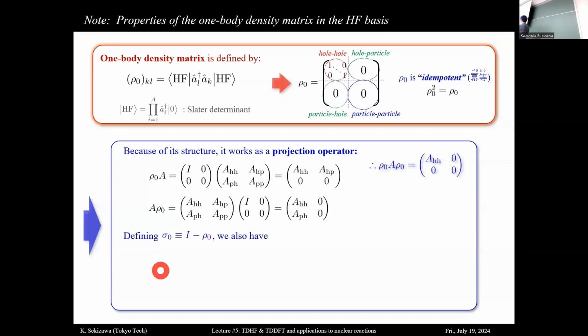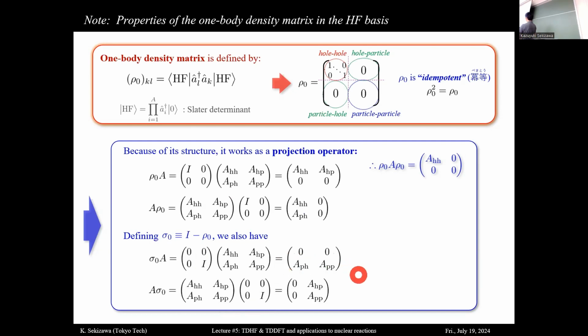We can also define I minus rho 0, where I is the identity matrix, and denote it as sigma. Since sigma is 1 only for the particle part, it takes the lower components. If you multiply sigma from the right, you take the right-hand components, and from both sides, you get the particle-particle component.